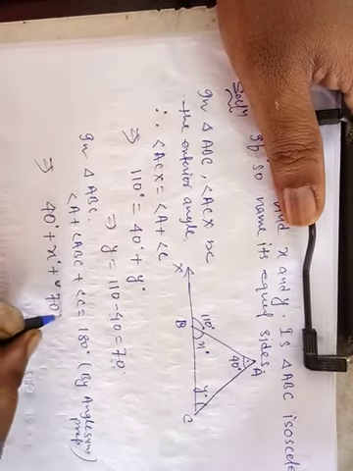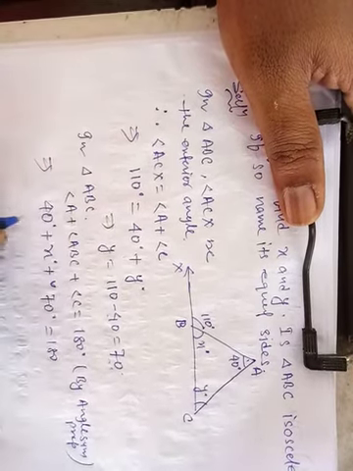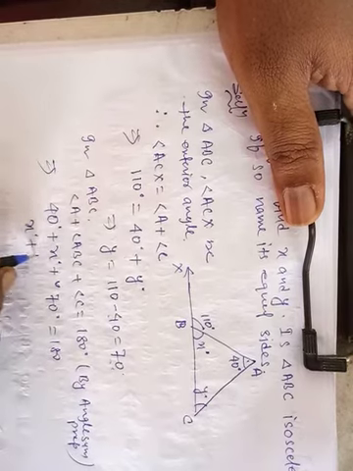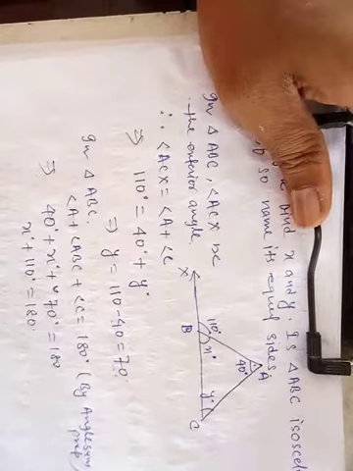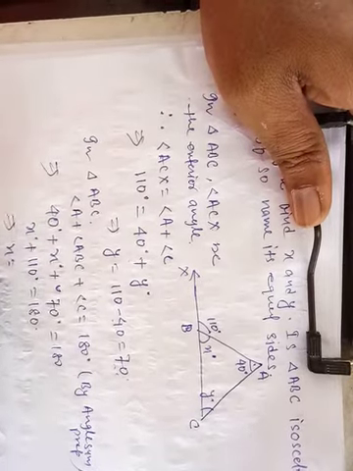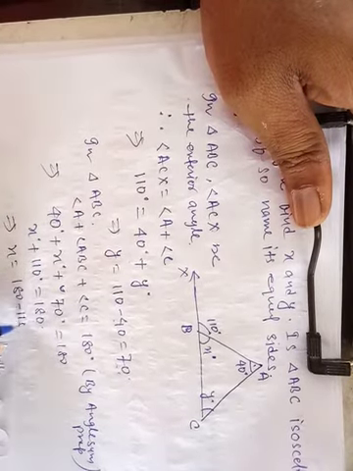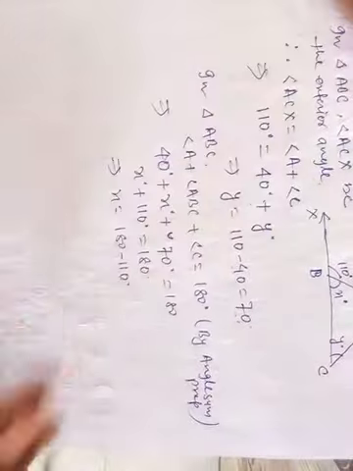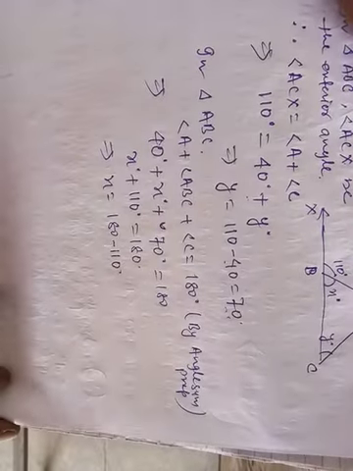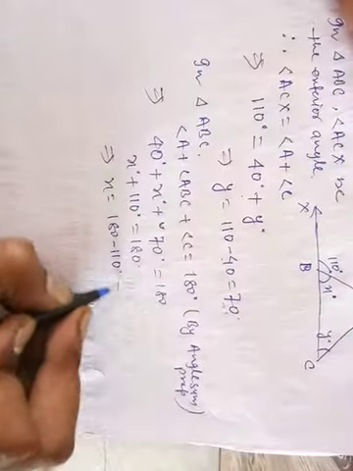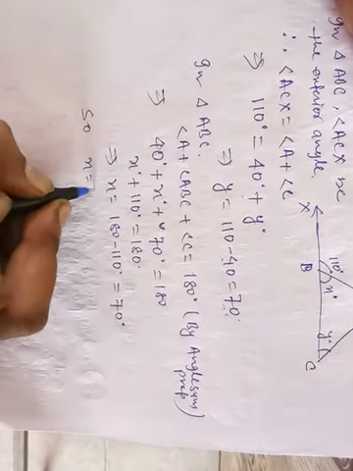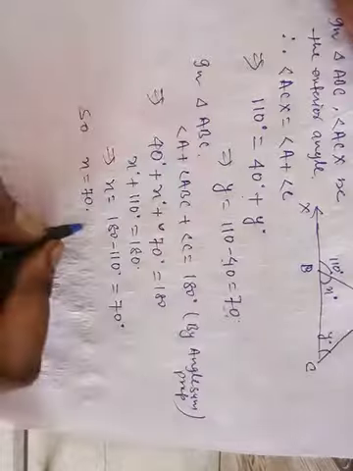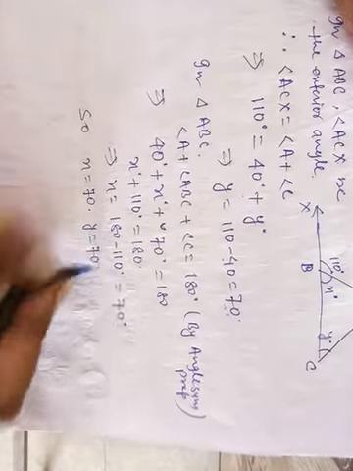So x plus 110 degrees is equal to 180 degrees. It means angle x is equal to 180 minus 110 degrees, that is 70 degrees. So x is equal to 70 degrees and y is equal to 70 degrees.